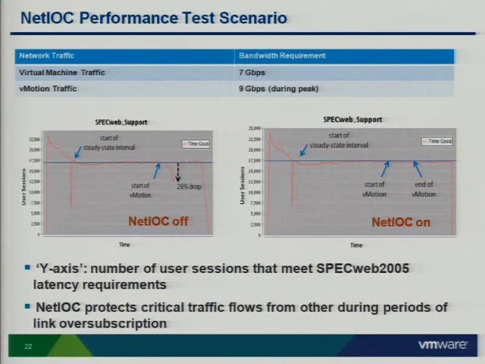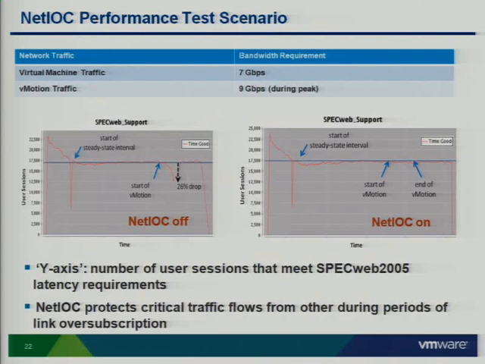And here is an experiment that shows how the network I/O control helps you. This red line shows a benchmark running. The flat part is the steady state. While the benchmark is running, you run some background vMotion traffic, that is, you vMotion some unrelated VM which also runs on the same set of hosts.